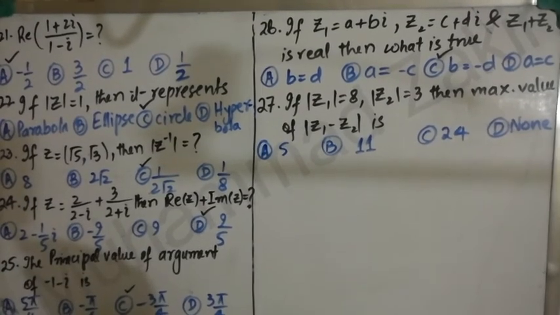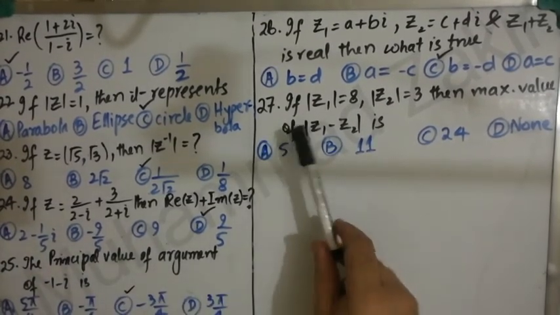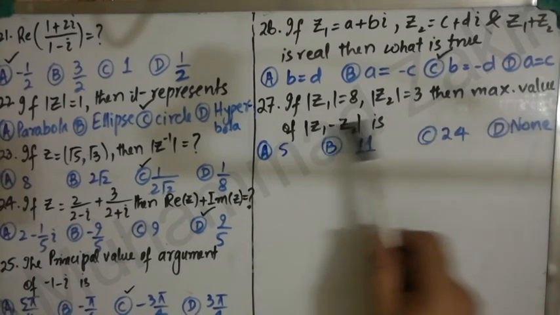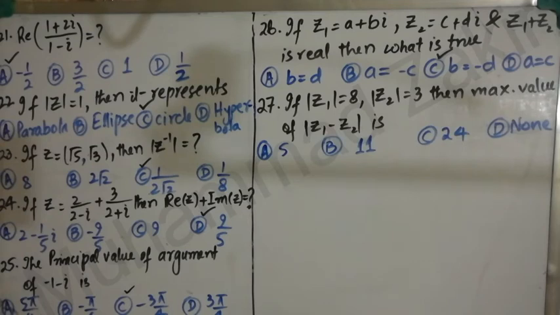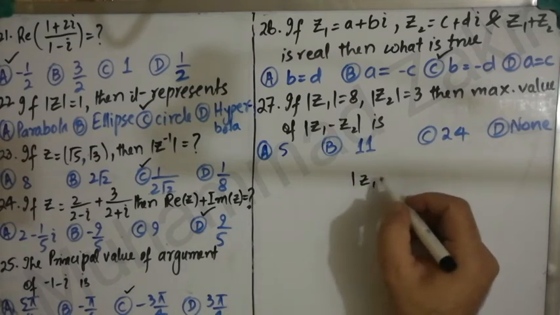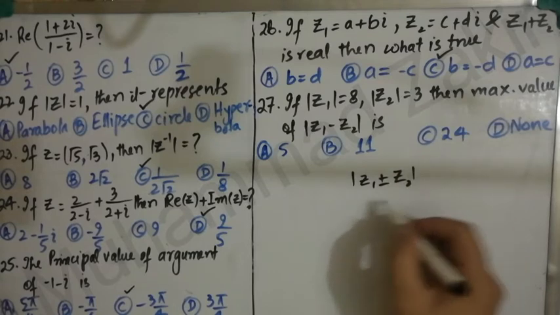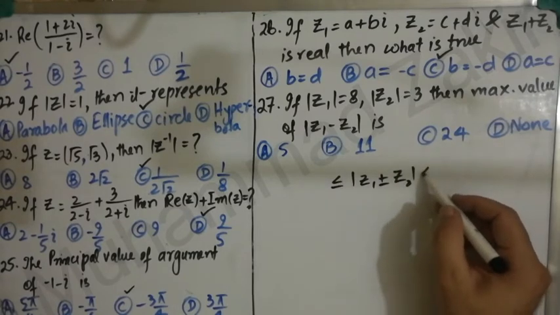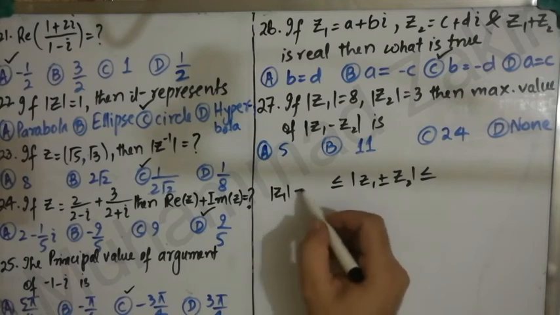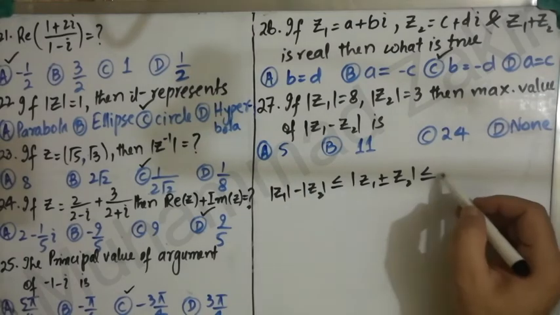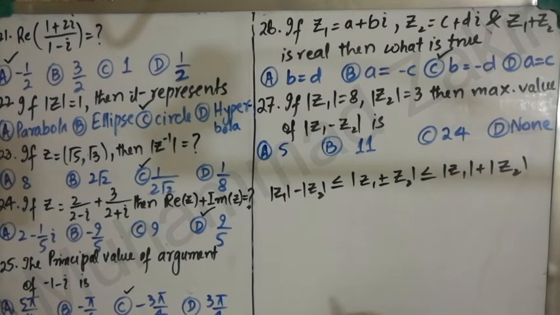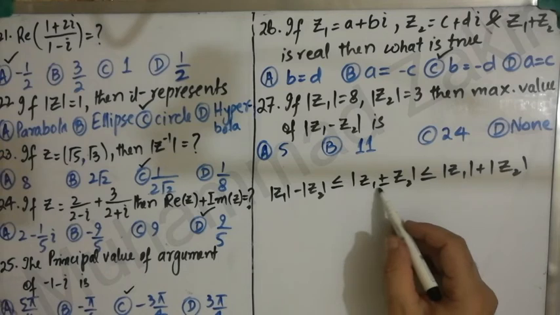Let us look at the next question. If z1 modulus is 8 and z2 modulus is 3, then what is the maximum value of this? We have a result: modulus of z1 plus or minus z2 is greater than or equal to modulus z1 minus modulus z2, and less than or equal to modulus z1 plus modulus z2.